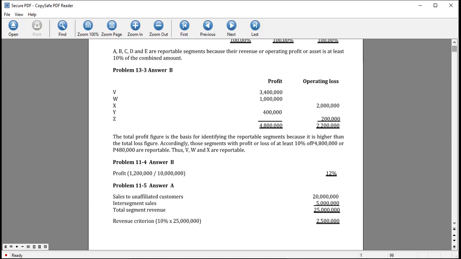So we have B, W, and X are reportable. Actually, we need 480,000, which is 10% of 4.8 million. So we have now B. Its profit is 3.4, and what is needed is only 480,000.